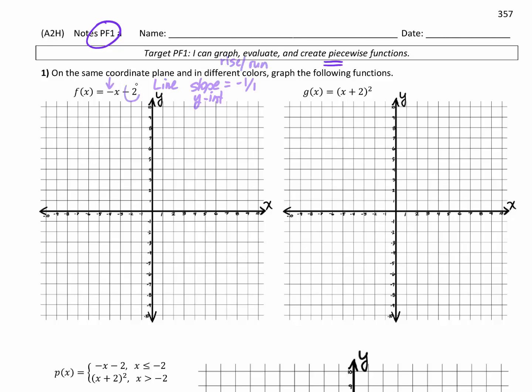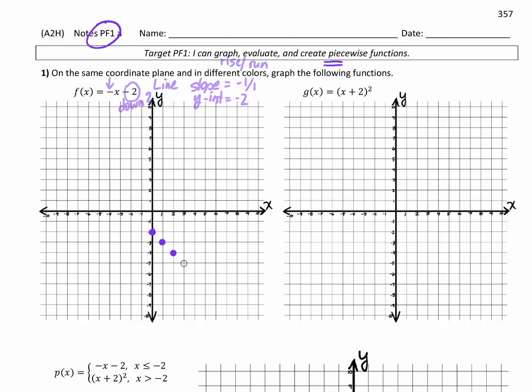The y-intercept is going to be the number at the end, because that moves you up or down, in this case down 2. The y-intercept has to naturally be the starting location. We move our line down 2, and then from there, we follow a slope that is down 1 over 1, down 1 over 1. So there's my down 2, and here's my rise and run.